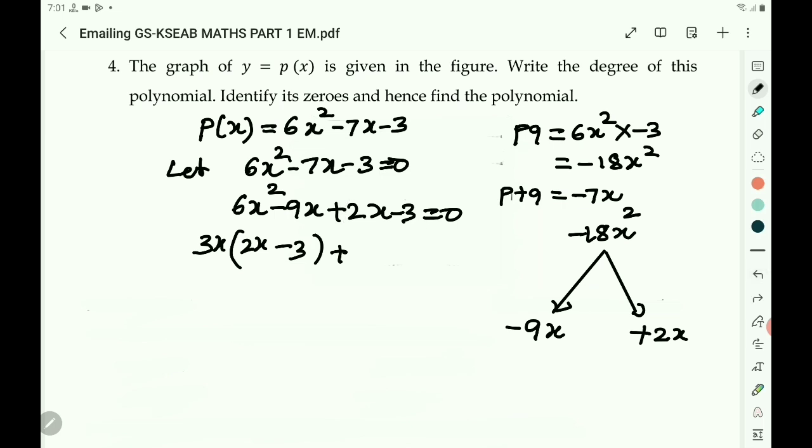Out of 2x − 3, 1 is common, so in the bracket write 2x − 3 as it is, equals 0.